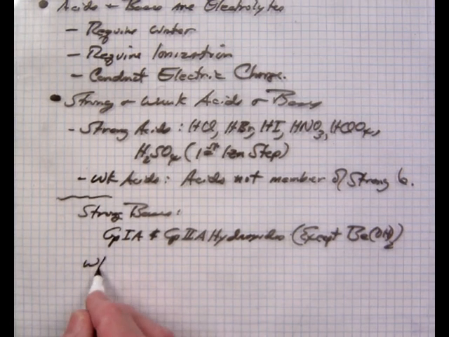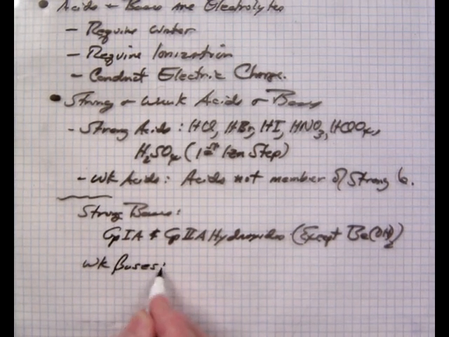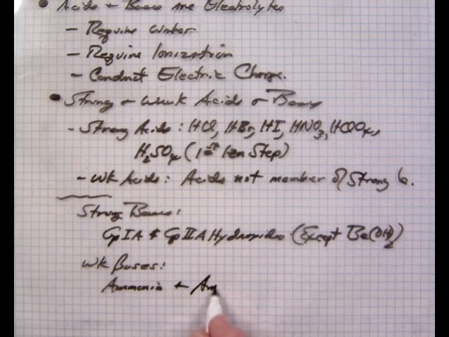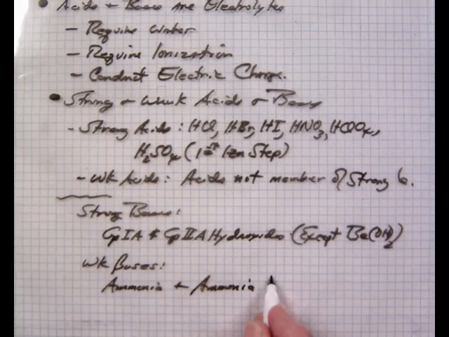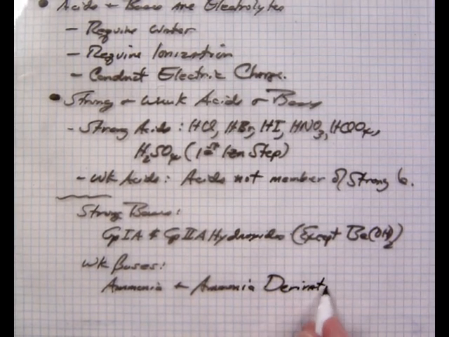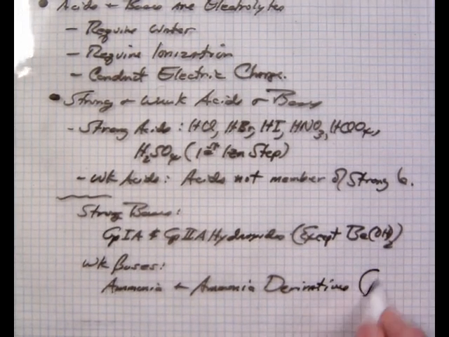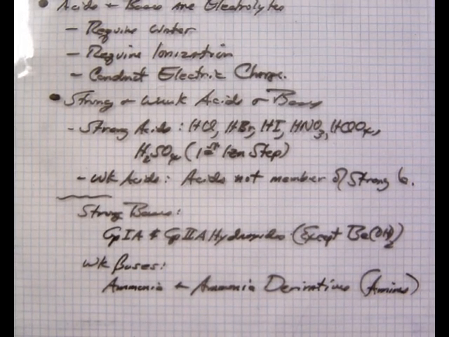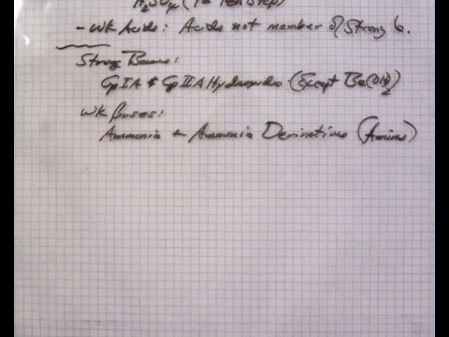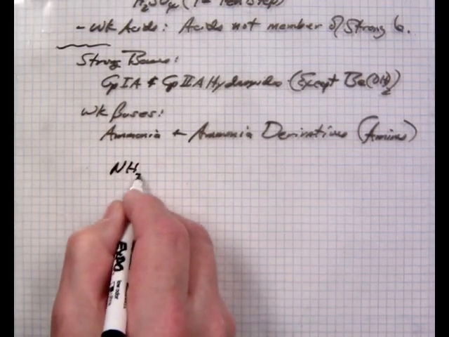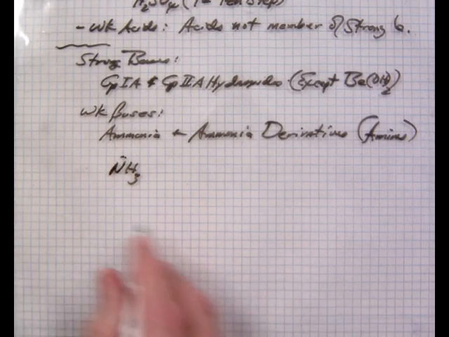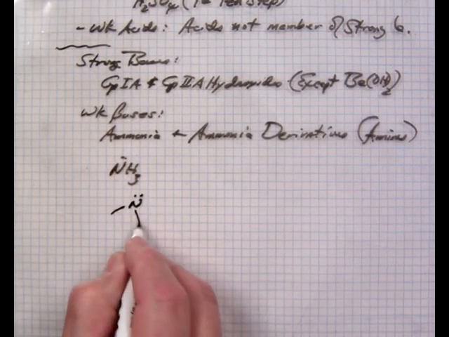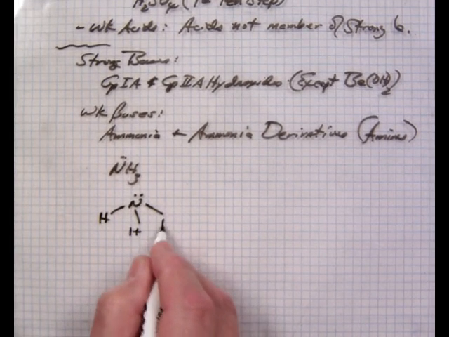Weak bases are ammonia and ammonia derivatives. These have another name called amines. Ammonia is NH3 with a pair of electrons on it, has a pyramidal geometry, looks like that, and so forth.